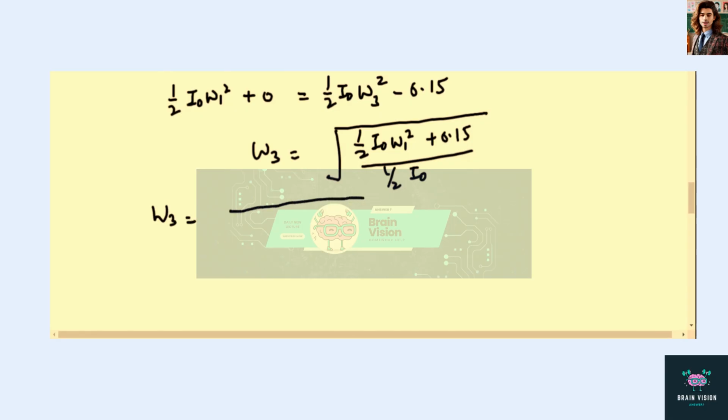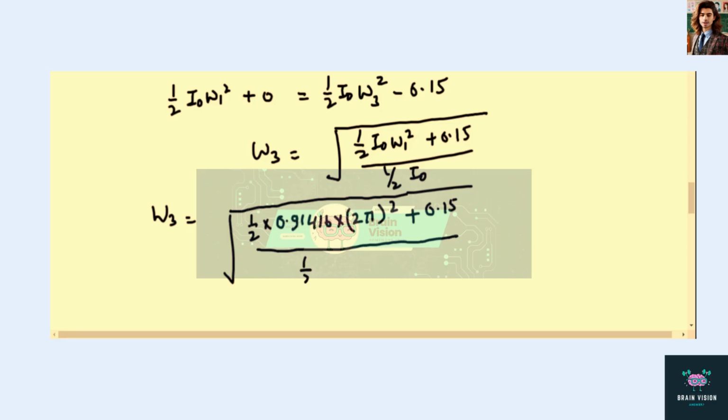Let us see here. Half moment of inertia about O is 0.91416. Omega 1 is 2 pi radian per second square plus 0.15 divided by half 0.91416.